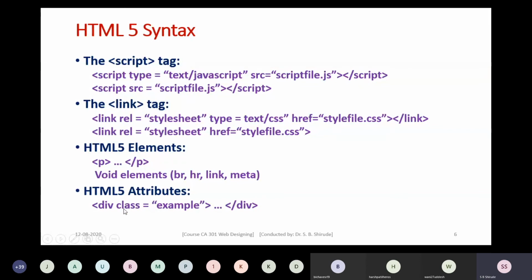So class is equal to, in double quotes, example. You may ignore the double quotes. So class equal to example, and then after that the content of the div, and close the div tag. This way in HTML5 you can specify attributes. Okay, so these are the basic rules that we should follow while designing web pages using HTML5.